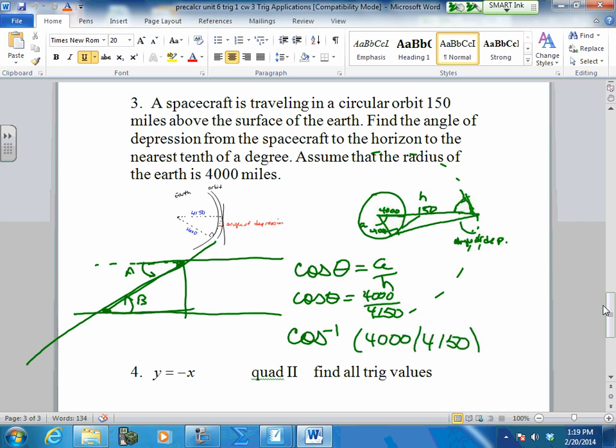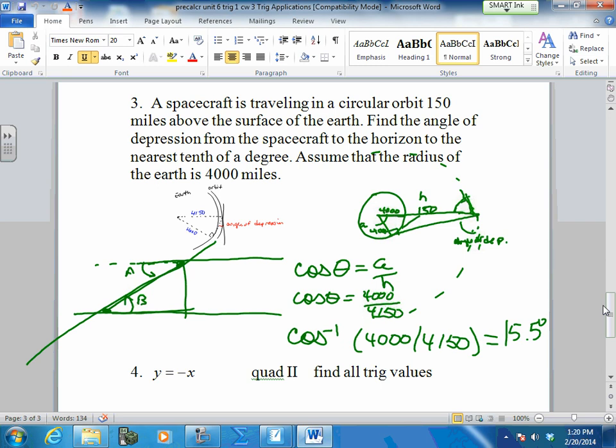And round it to the nearest tenth of a degree. What do you get? 15.5 degrees. Thank you. Okay?